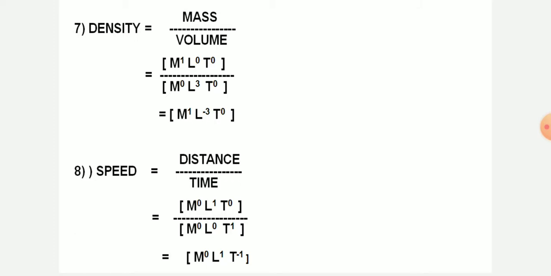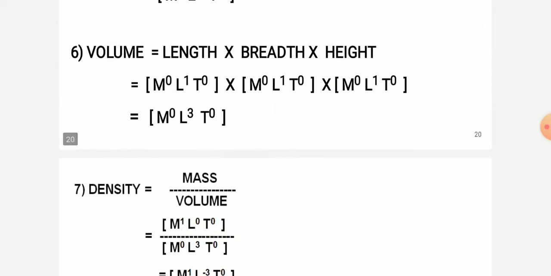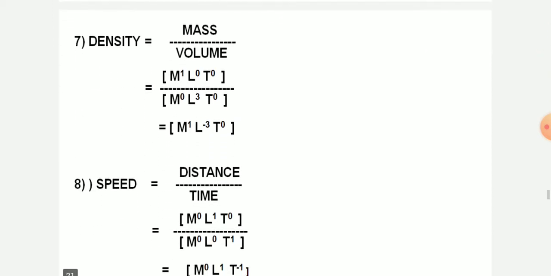So m raised to power 1 is the dimension for mass, and in the denominator the dimension of volume, which we already obtained, is m0, L3, t0, in square brackets. So when there is a division, the denominator terms m0, L3, t0 move to the numerator, and the signs of their powers will be changed.